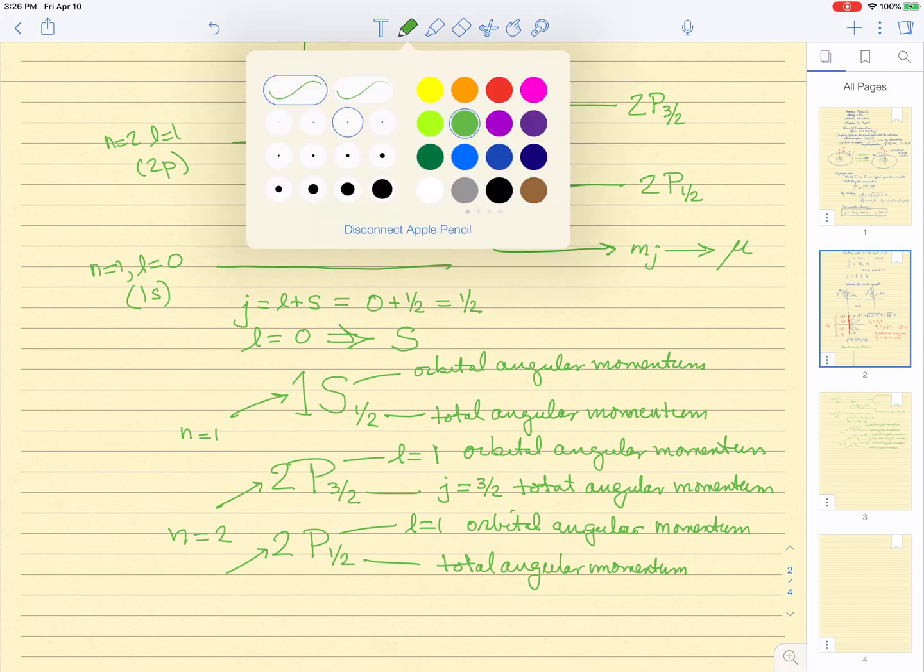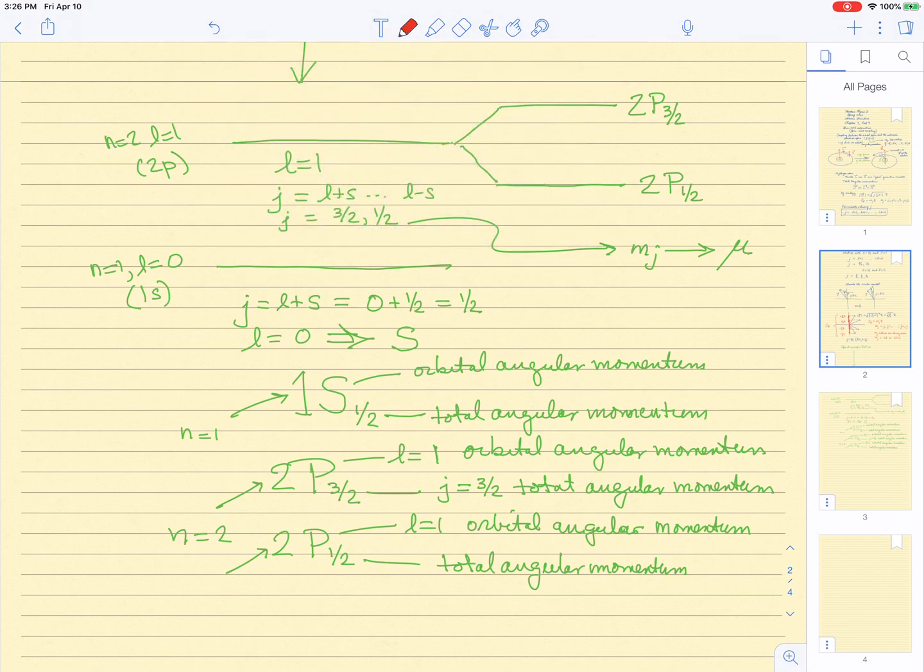So if one were to look at the transitions now, the energies here, whether this is an emission or absorption, remember these energies are on the order of 10 electron volts.